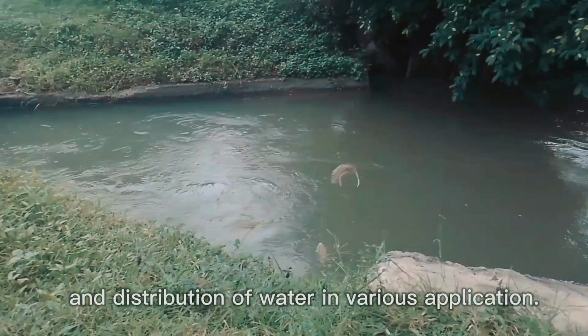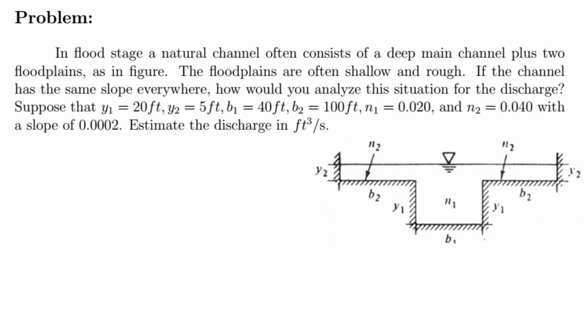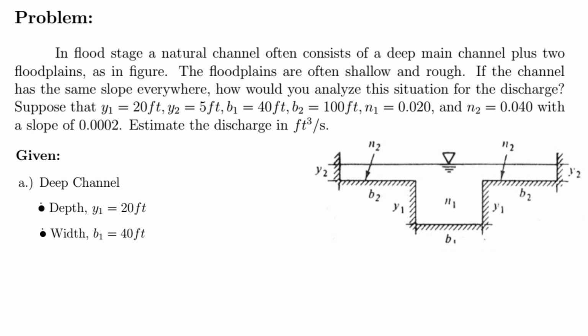in various applications. We have a sample problem here that involves calculating the discharge in a natural channel during a flood stage, which includes a deep main channel and two floodplains. For the deep channel, we have given data of depth Y sub 1, which is 20 feet, width B sub 1, 40 feet, and a Manning's roughness coefficient of 0.020.